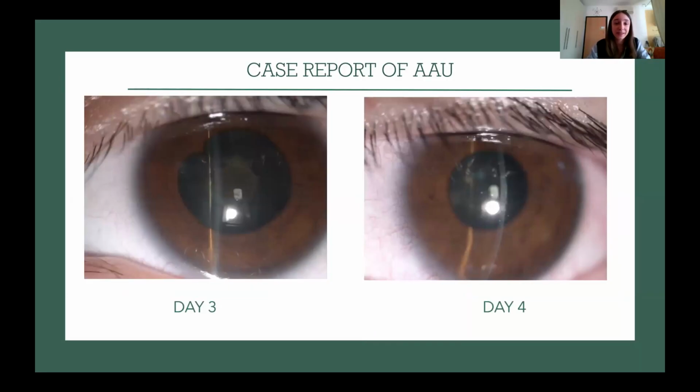We can see that the treatment is effective, and in the left image we can see an irregular pupil due to synechiae. And on the right image, we can see further reduction in fibrin and a clear anterior chamber.